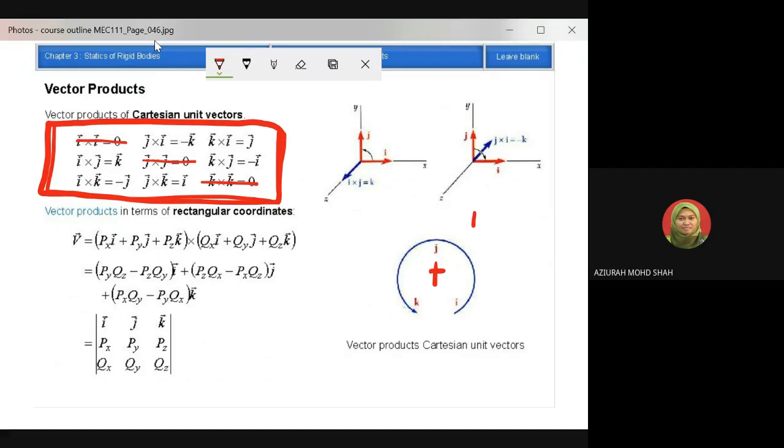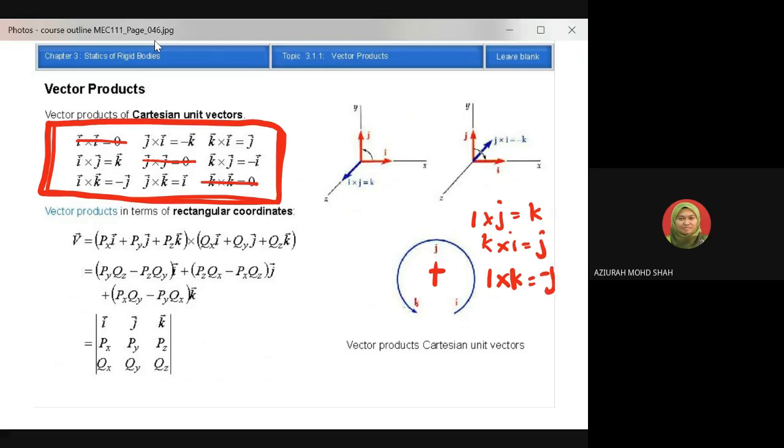So I cross J, you will get K. K cross I will get J. J cross K akan dapat I. Kalau terbalik, counterclockwise, I cross K, we will get negative J. So disusun-susun dapatlah semua dalam ni. So basically you are using this one je lah untuk sebagai guideline kamu.